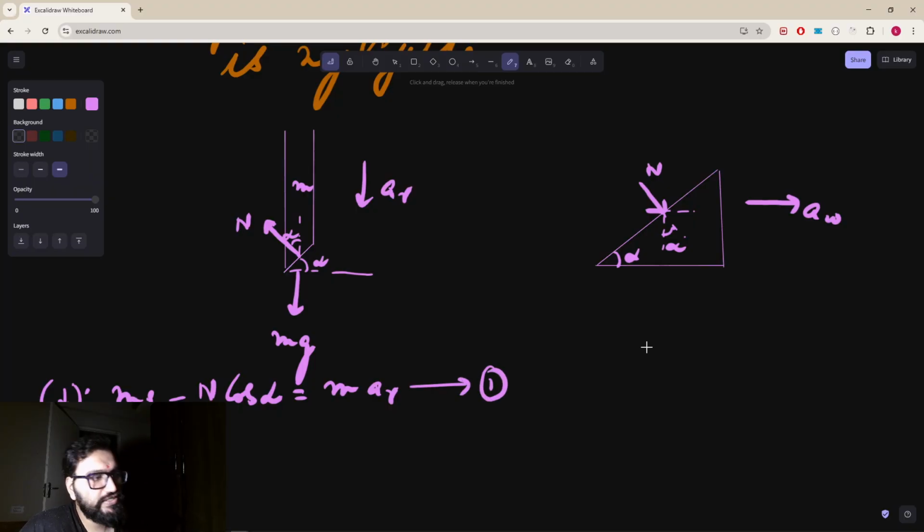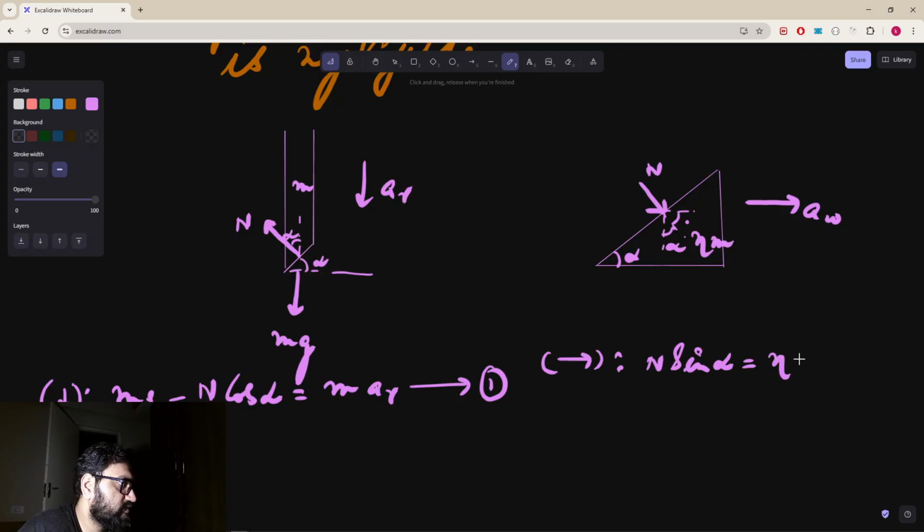Let's write down the force equation for the wedge. I'm going to consider the horizontal as positive. This wedge has a mass of eta times m. So N times cos of (90 degrees minus alpha), that is sine of alpha, is equal to eta times m times AW. This is my equation 2.